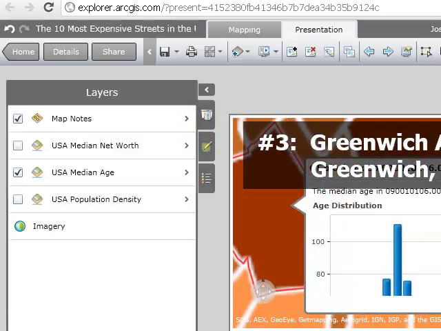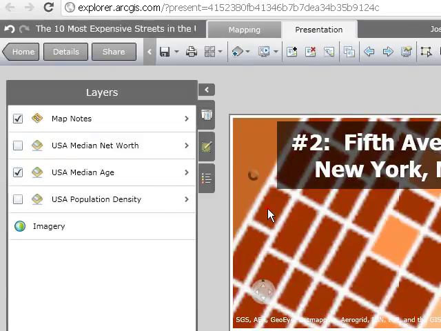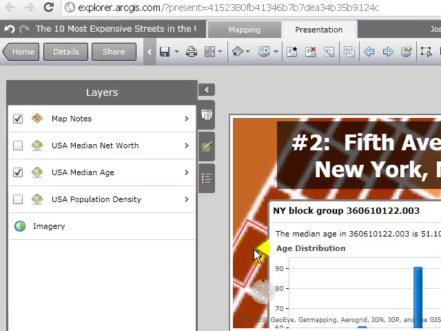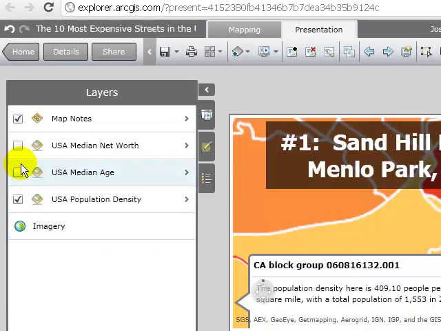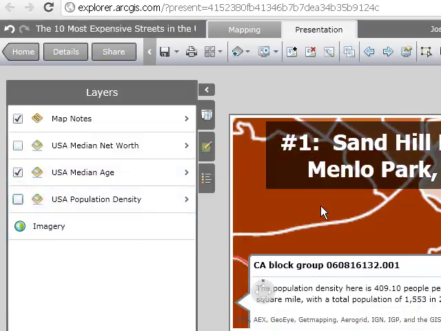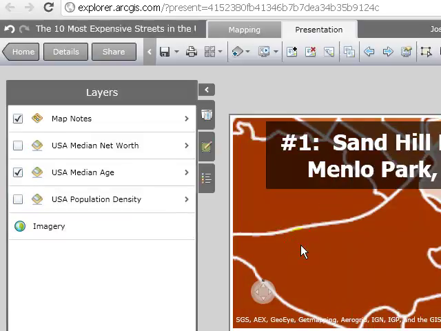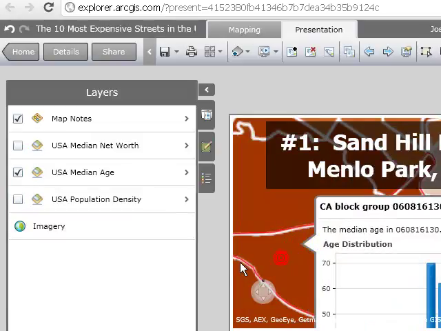45 years there. Let's go back to New York. 52 here in these neighborhoods in New York. 51. Take a look at median age. 52 there. 45 there.